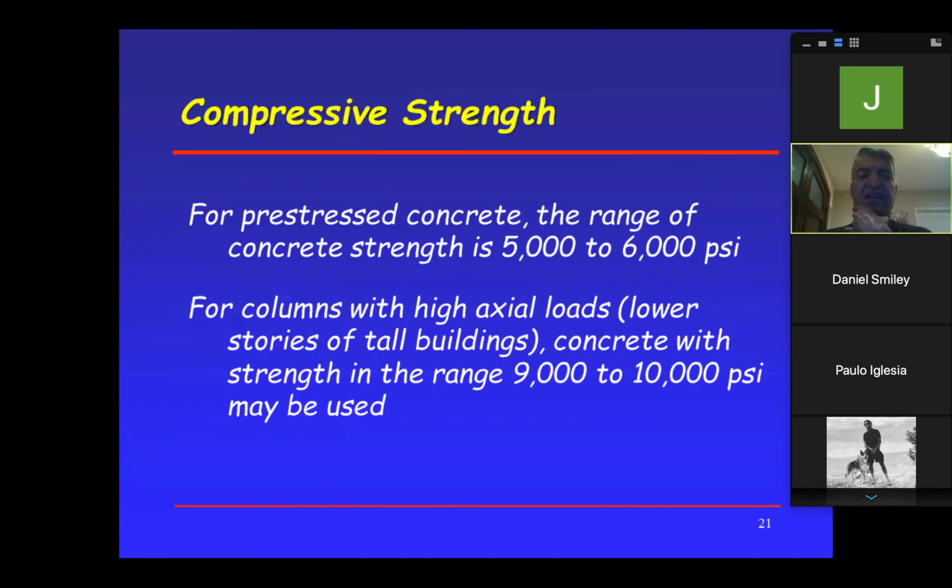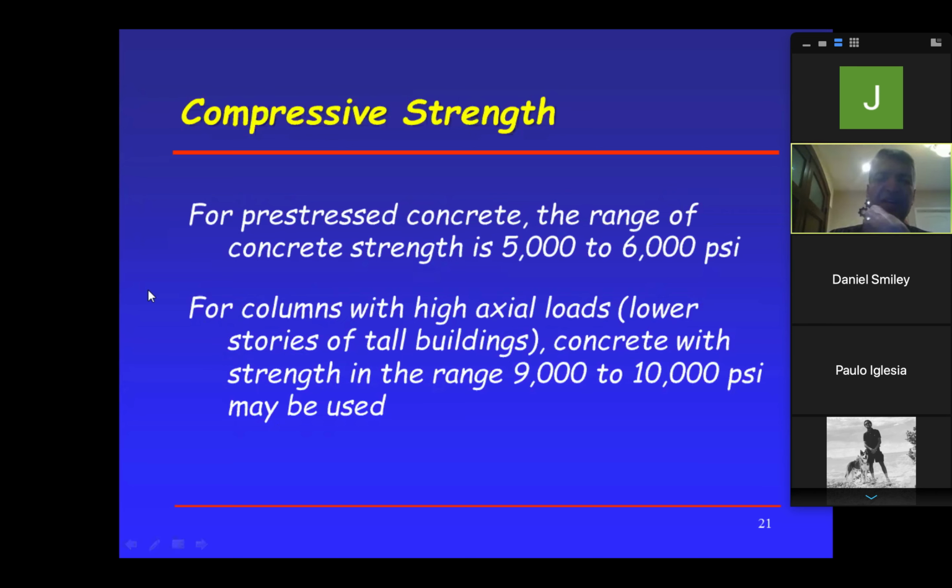Okay. For pre-stressed concrete, that's the one I just mentioned, the range of the concrete strength is 5,000 to 6,000. See that? This is why they could strip the forms on Monday if they pour Thursday. All right? So when you do pre-stress, you have to do high-strength concrete.